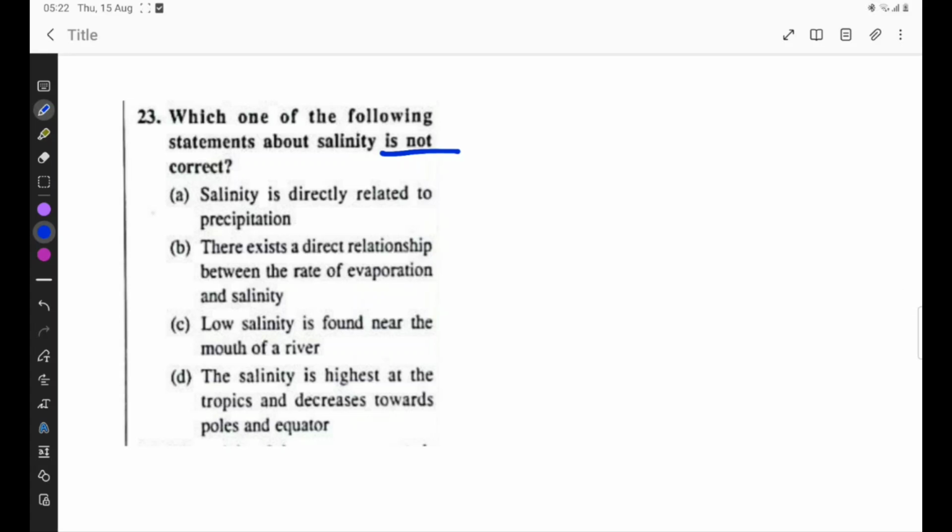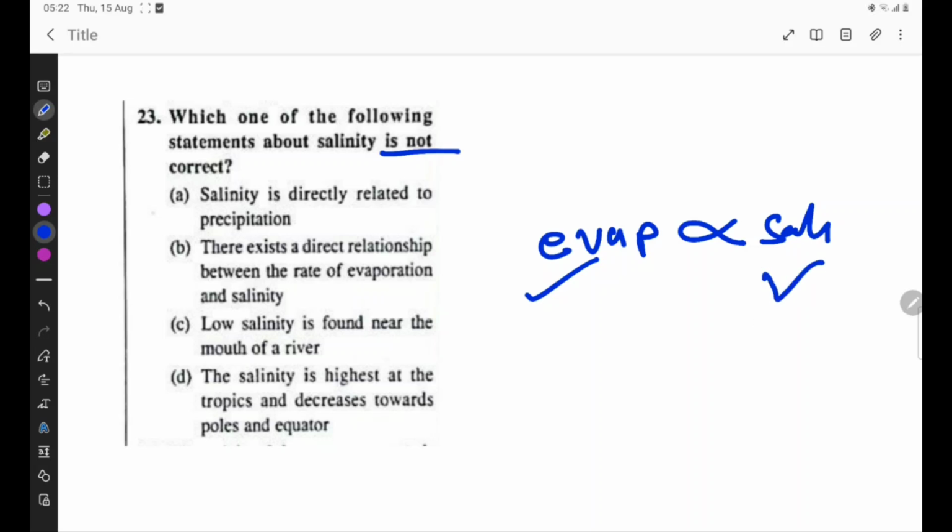See, there exists a relationship between rate of evaporation and salinity. Yes. Evaporation is directly proportional to salinity. The higher the rate of evaporation, the higher will be salinity.